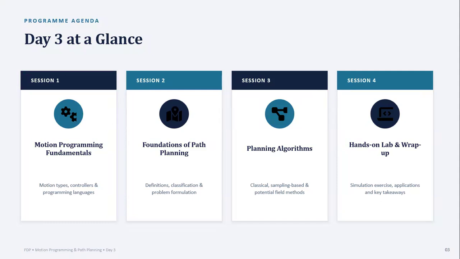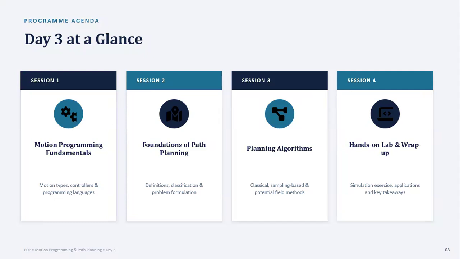Now we will go through the program agenda at a glance. Today's program comprises 4 sessions. We begin with fundamentals of robot motion programming. Next, we study the basics of path planning.